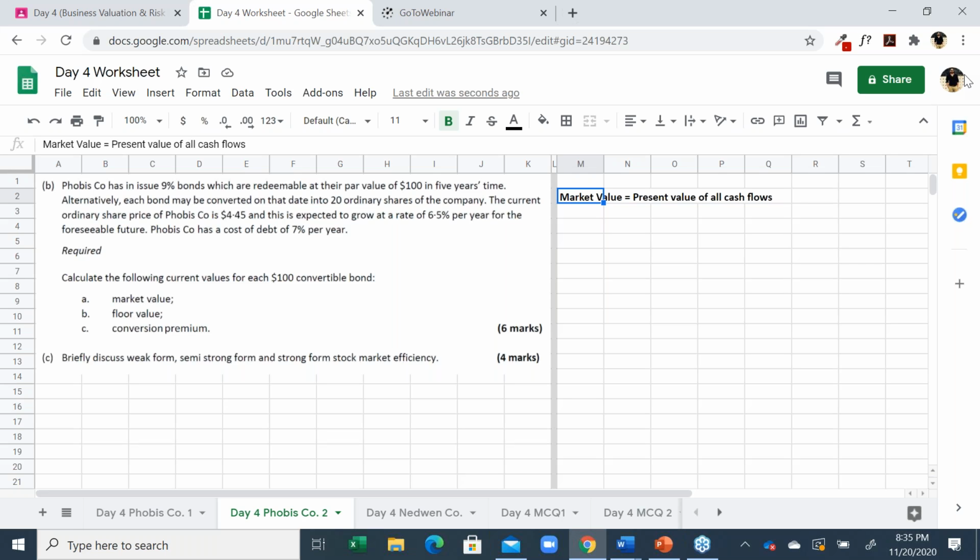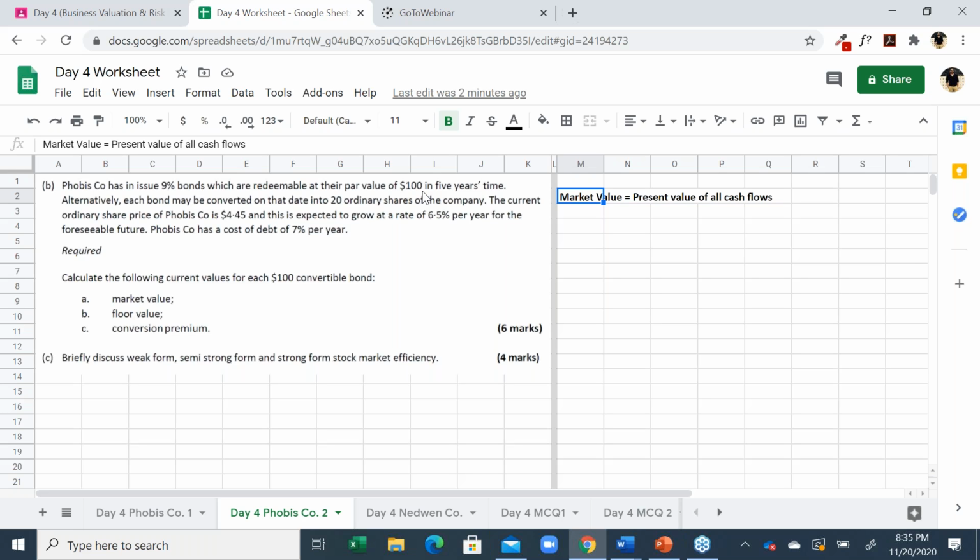Right? These are the two cash flows that investors will be getting. But the problem is we don't know what is going to happen after 5 years in this case. Whether the investor will be redeeming and getting the cash back, or converting into the shares.